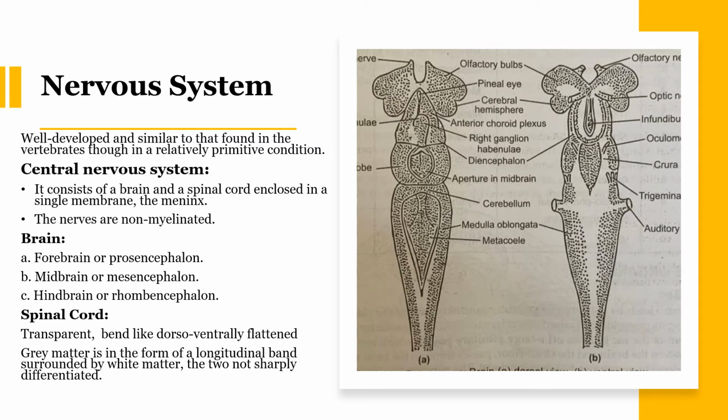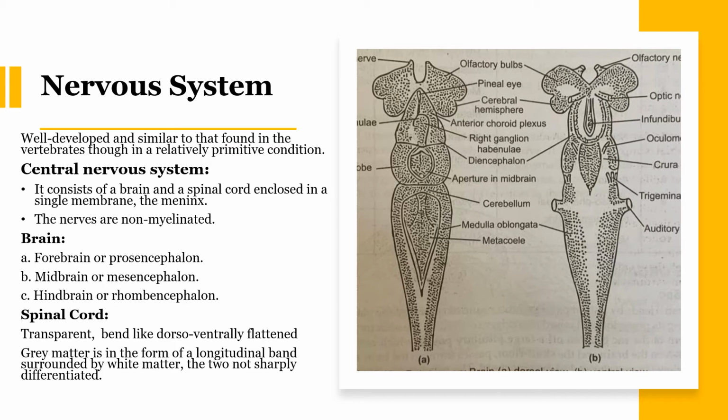Now the hindbrain or rhombencephalon. The hindbrain is differentiated into a dorsal small transverse band, the cerebellum, and a much longer medulla oblongata. The small size of the cerebellum is very notable in Petromyzon. It is a mere transverse band which roofs the anterior end of the metacoele.